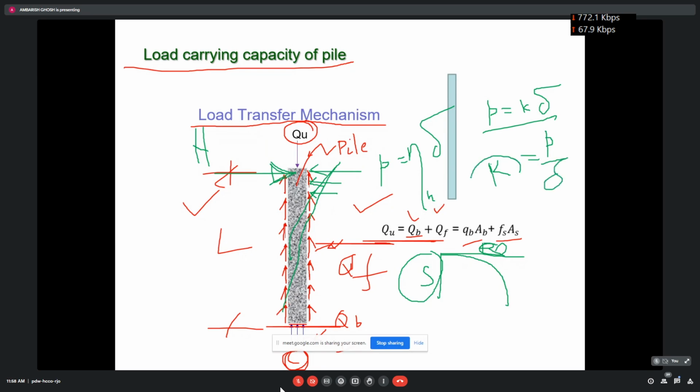This will be the horizontal subgrade reaction. One important aspect: what was the purpose of putting pile foundation? To transmit the load to the lower dependable soil profile. But unfortunately, when you are dealing with horizontal load, you are getting the contribution of the top layer. Are you getting the point?